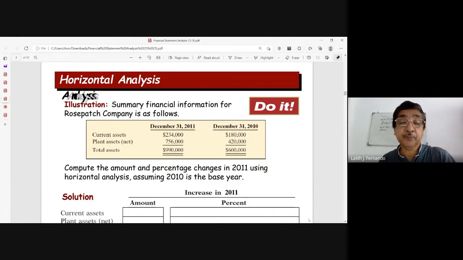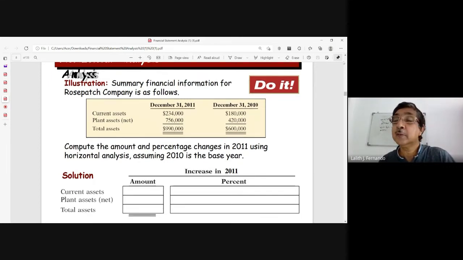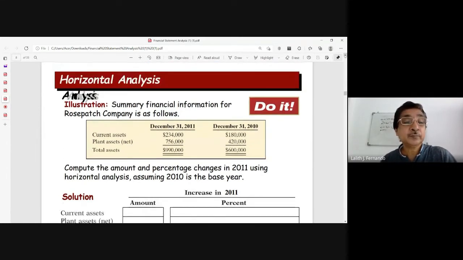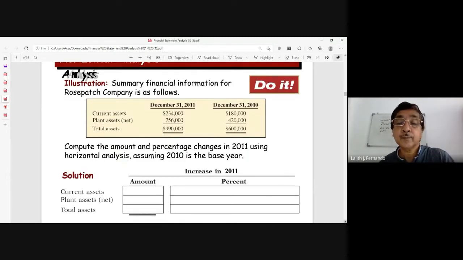Now, see another one. In order to have a horizontal analysis, summary financial information for Rose Patch companies is as follows. Current assets being given, plant assets, total assets. Yeah, this is a very simple exercise. Anyway, you can do that.